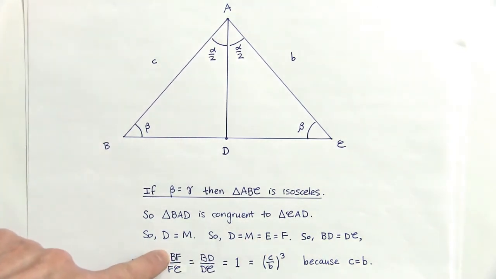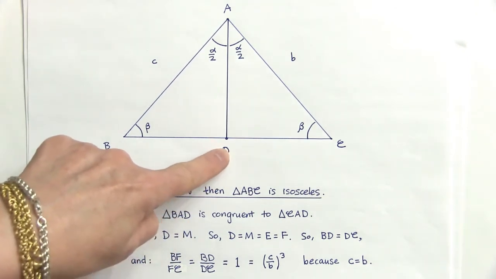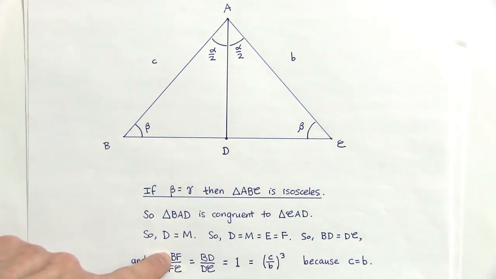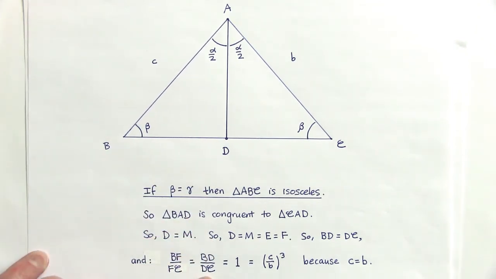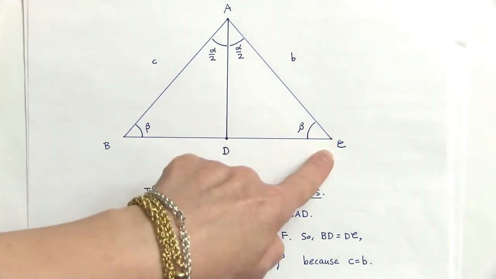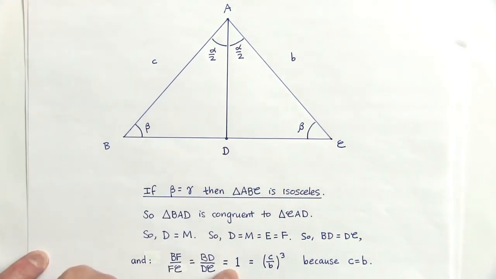So the ratio BF over FC, but F will be the same as D, so this will be the same as BD over DC, but BD and DC are equal, so that ratio is 1.